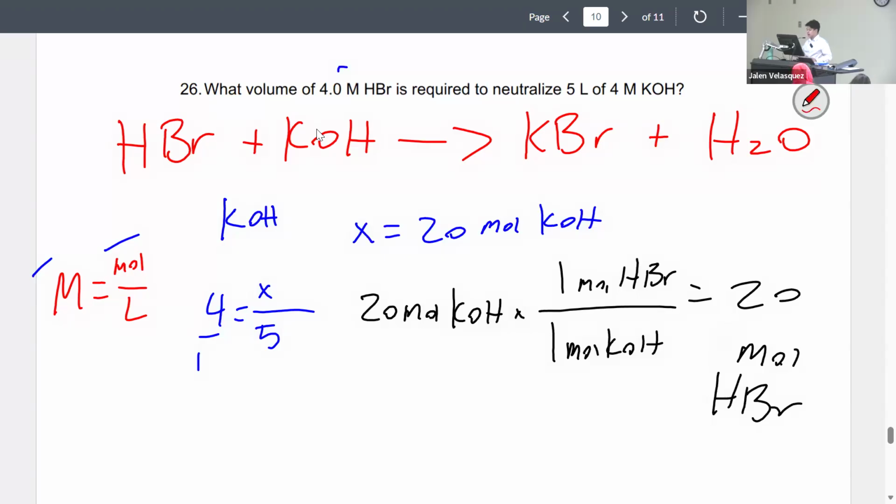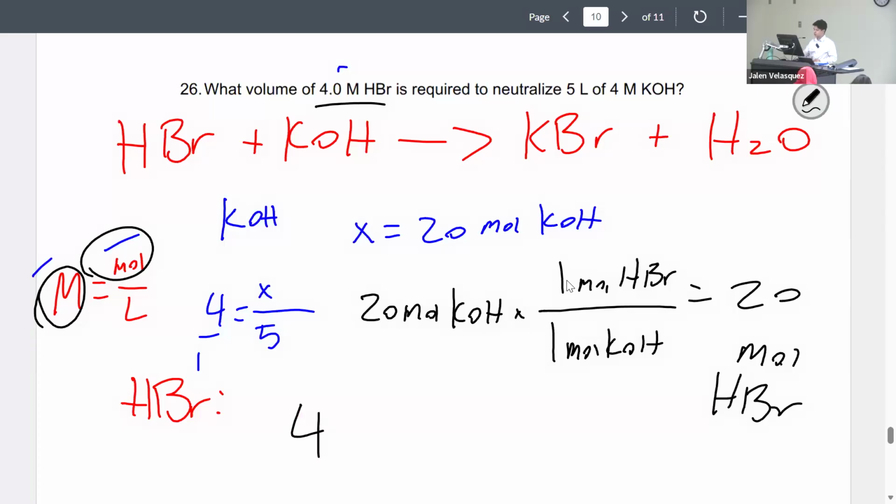Now that I have that for HBr, I have concentration and I have the moles, and we can figure out the volume, the liters. So the concentration of HBr is 4 molar, equals 20 moles divided by X amount of liters.